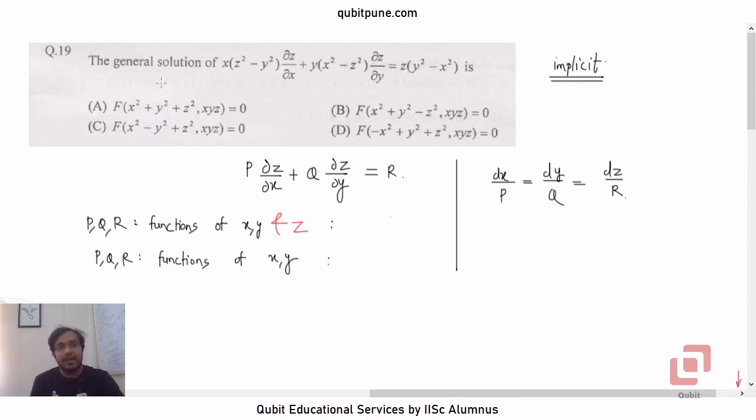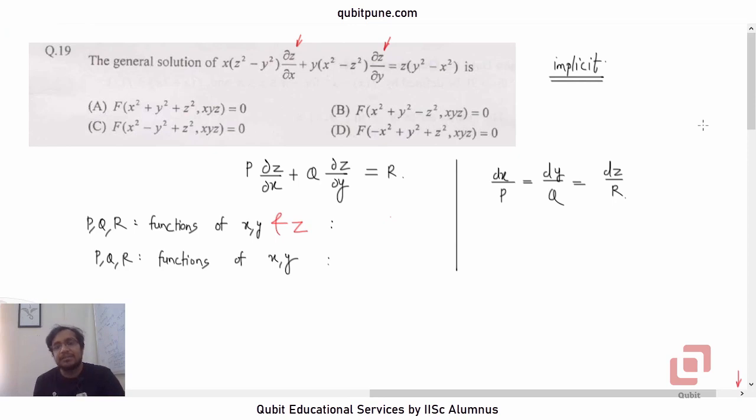But as you can see from the differential equation itself, we have partial derivatives of z, so we may say that z is the dependent variable and x and y are independent variables, but that is hardly required here.